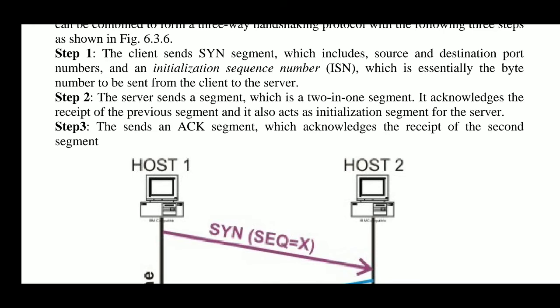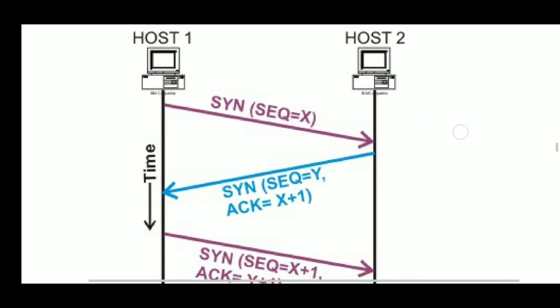If you have host 1 and host 2 connected via some port, then in step 1 the client sends a SYN segment, which includes source and destination port numbers and an initialization sequence number, ISN. Essentially, it is the byte number to be sent from the client to the server. So if you are sending the fourth k byte, then 4k will be the sequence number.